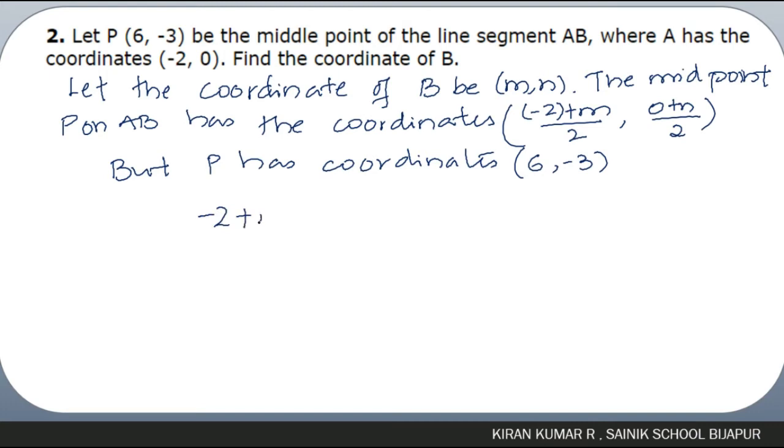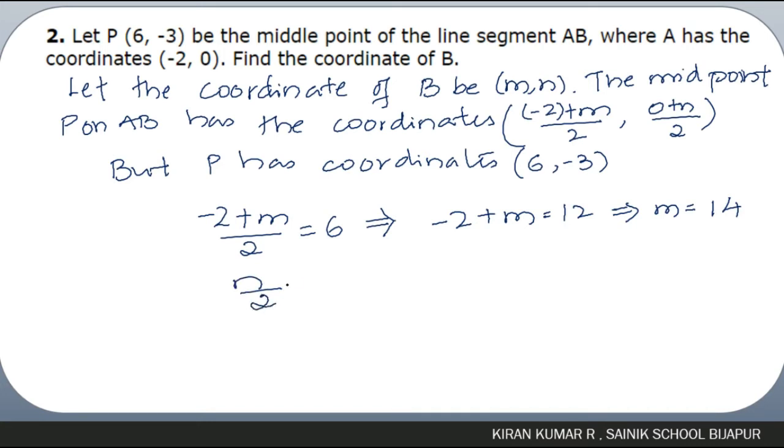-2 plus m divided by 2 equal to 6. This implies -2 plus m is equal to 12, and the value of m we get as 14. n by 2 equal to -3.